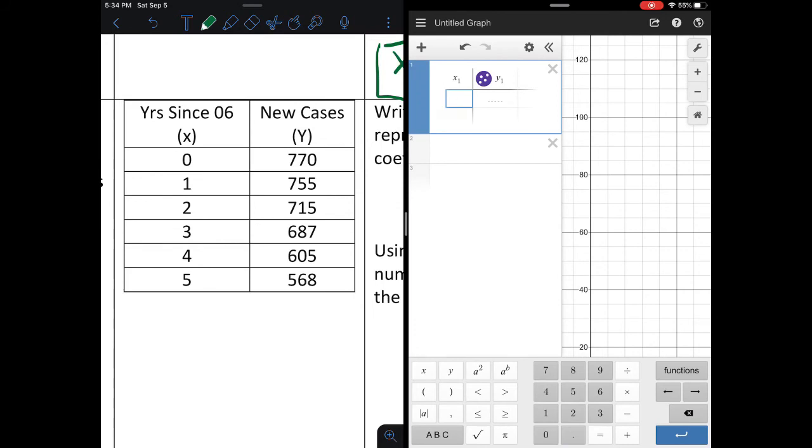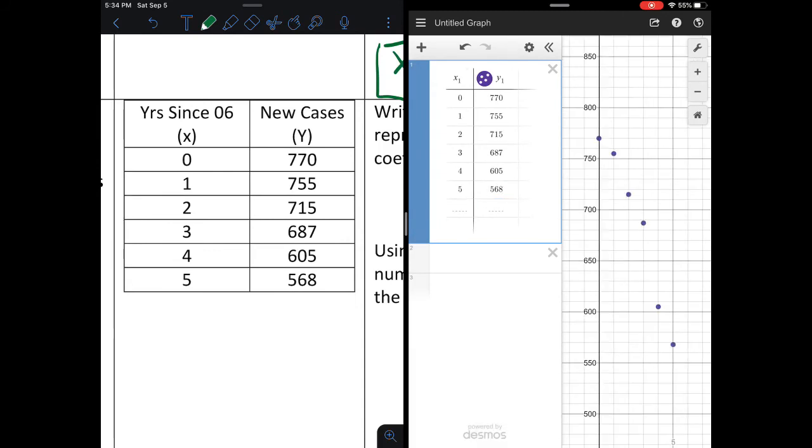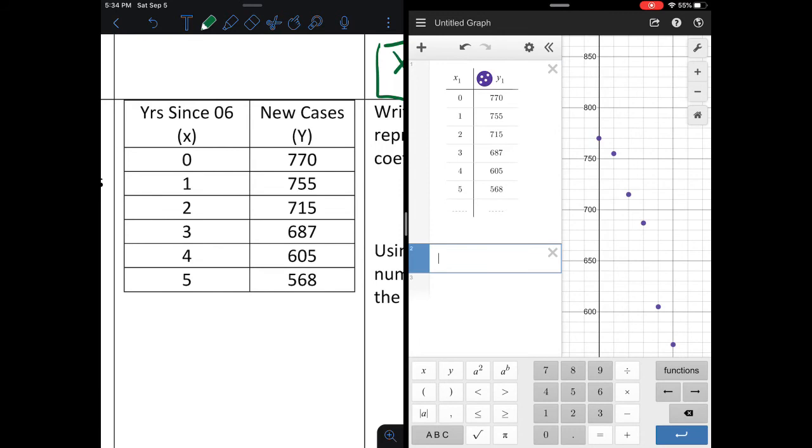So we'll go plus, table, put in our X numbers. So was it 0 through 5? And then we get our Y's in. So I can click the plus sign so that way I can see the points on the graph. Now let's do the regression and let's see how good the regression curve is, linear regression.